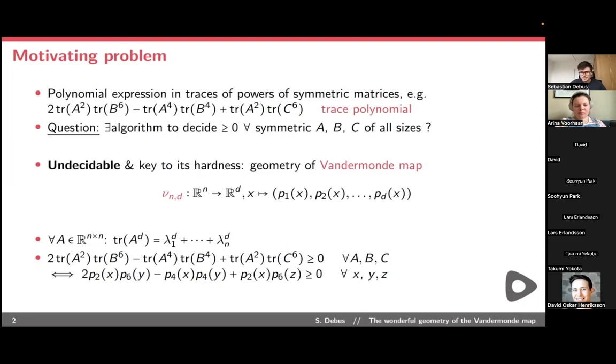And now you already see here why we restrict ourselves to traces of A to the power d, but not to the trace of A times B. And this is because there's no polynomial formula known where you can express the trace of A times B for arbitrary matrices A, B polynomially in the eigenvalues. So we go to the proof of this result later in the talk.